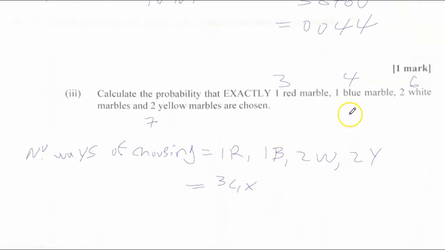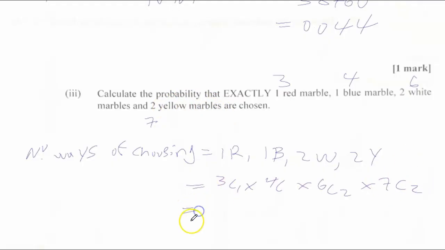You want all the events to occur together, right? So use and, not or. So 1 blue, so we had 4 blue, so 4 choose 1, times 2 white. We had 6 white in total, so it's 6 choose 2. And we have 2 yellows, so we had 7 yellows, now we're choosing 2, so 7 choose 2.